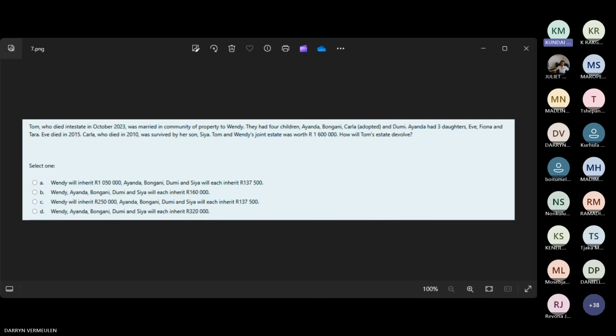And the final question, which is how will Tom's estate devolve? So Tom's estate amounts to 800,000, and I'm going to divide that by 5, which will give me 160,000. Yes, and so it's less than the child's portion that a surviving spouse is supposed to get, which is the 250.